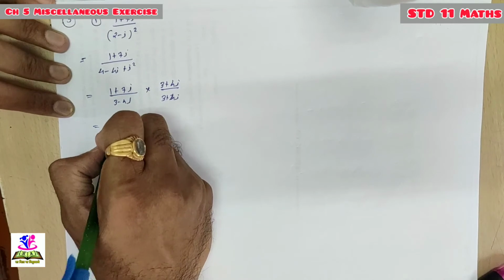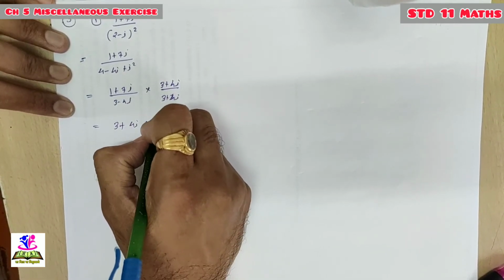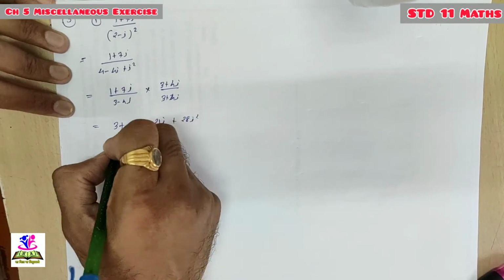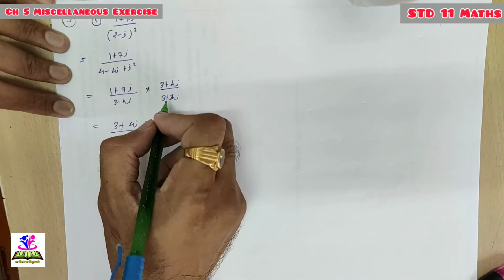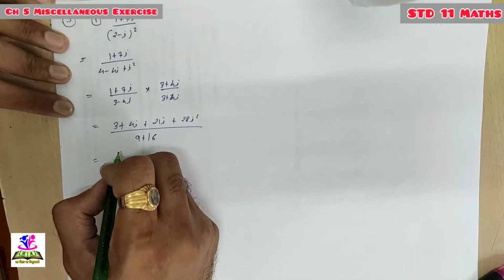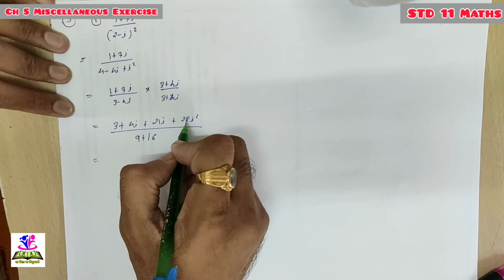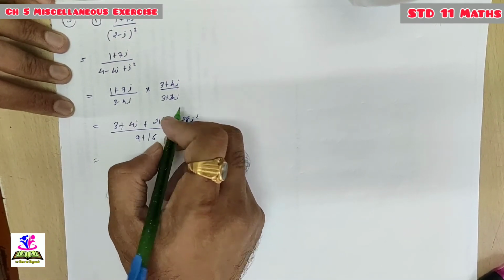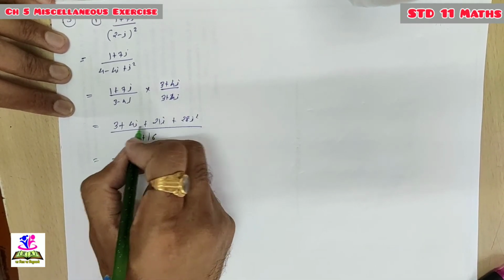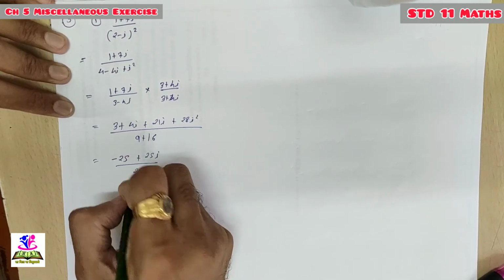So it's 3 plus 4i plus 21i plus 28i square upon (3 minus 4i)(3 plus 4i), which is 9 plus 16. 28i square is minus 28, so minus 28 plus 3, so minus 25. 21i plus 4i, so 25i upon 16 plus 9, 25.